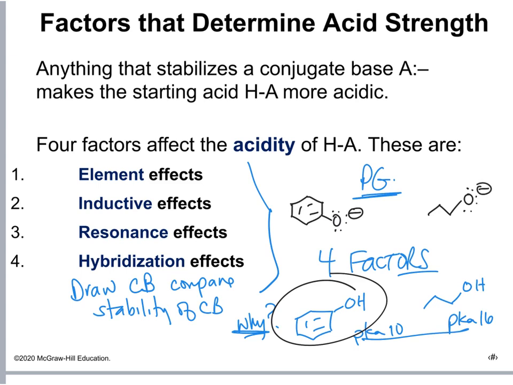Now, can we draw any resonance structures on this? No, because this carbon is an sp3 carbon. So there's no resonance structures. You could just say there's just one, and that's itself. Now this one has an sp2 carbon, so this can go here and this goes here.